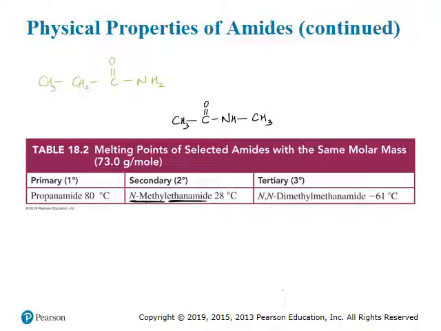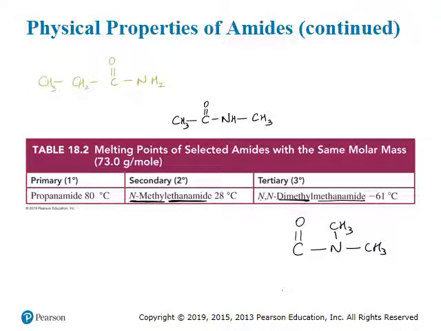Let's draw the third one. Methanamide. 1 carbon, double bonded with N. Right? And now N has 2 methyl groups on it. So 1 methyl, another 1 methyl.